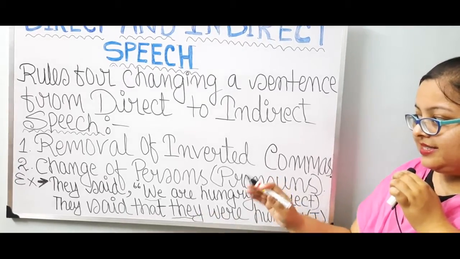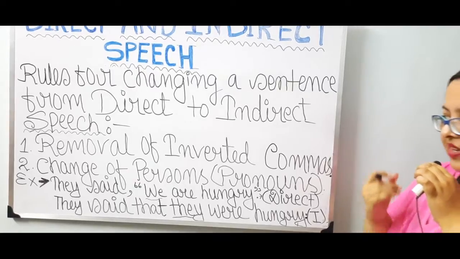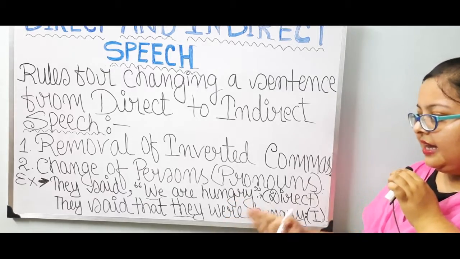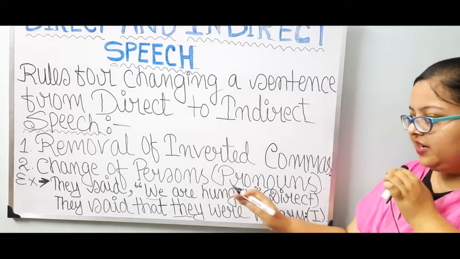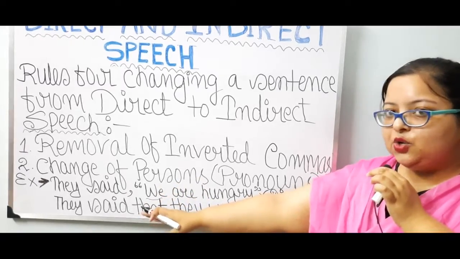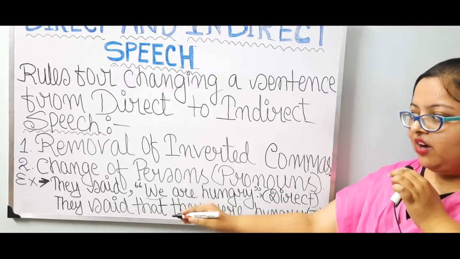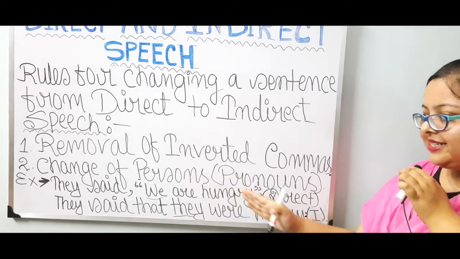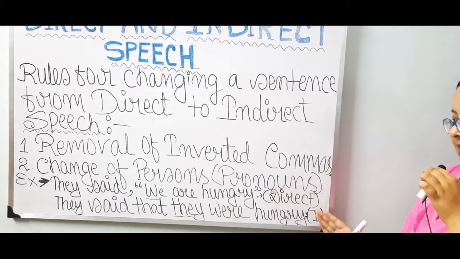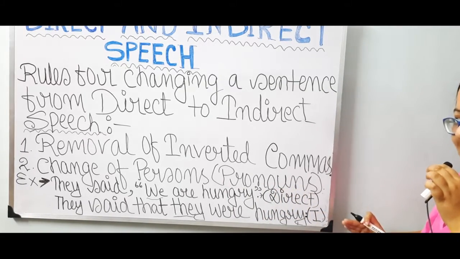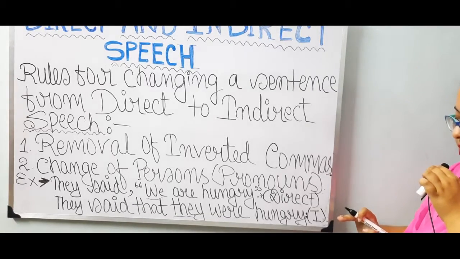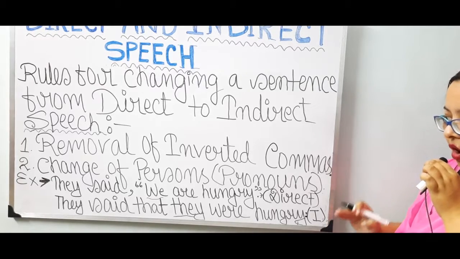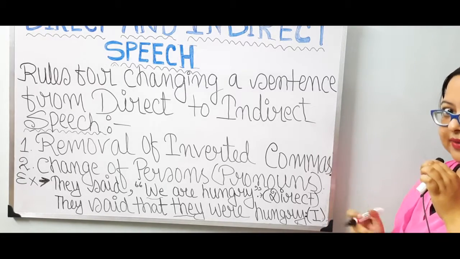So, they said that they were hungry. Are will turn to were, since according to the reporting verb we have to change, and here the reporting verb is in past tense. Then hungry will be the same. This is the indirect speech that is formed.